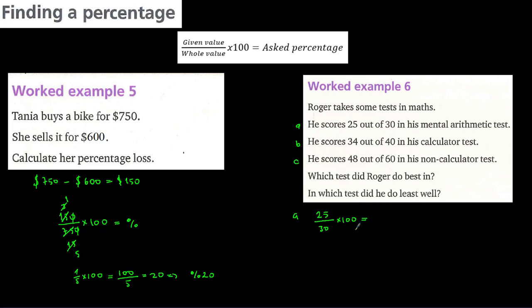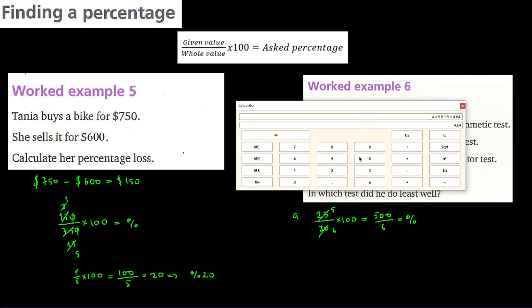We are going to find 25 divided by 30. Here 25 and 30 are both divisible by 5, so it's going to be equal to 5 over 6 times 100, which is equal to 500 divided by 6. We are going to calculate with one decimal for each question.